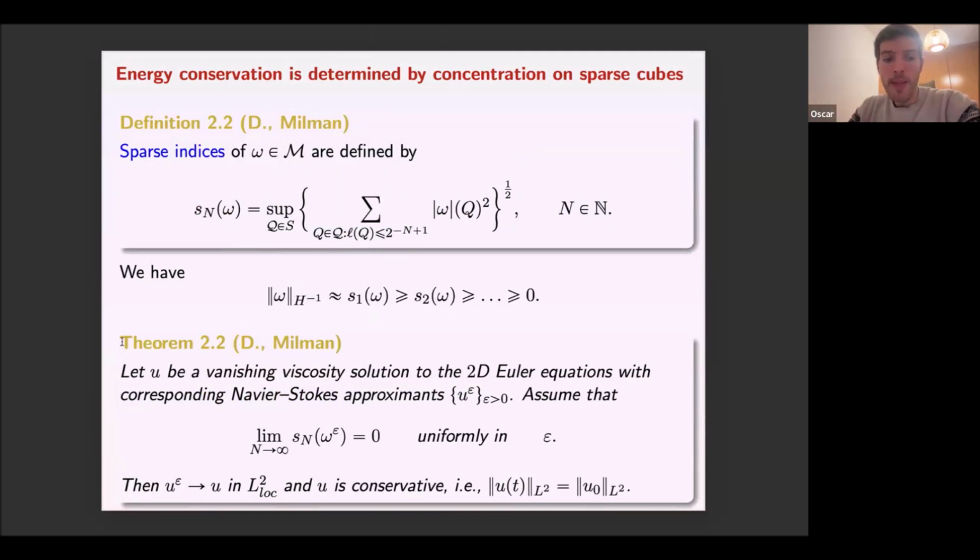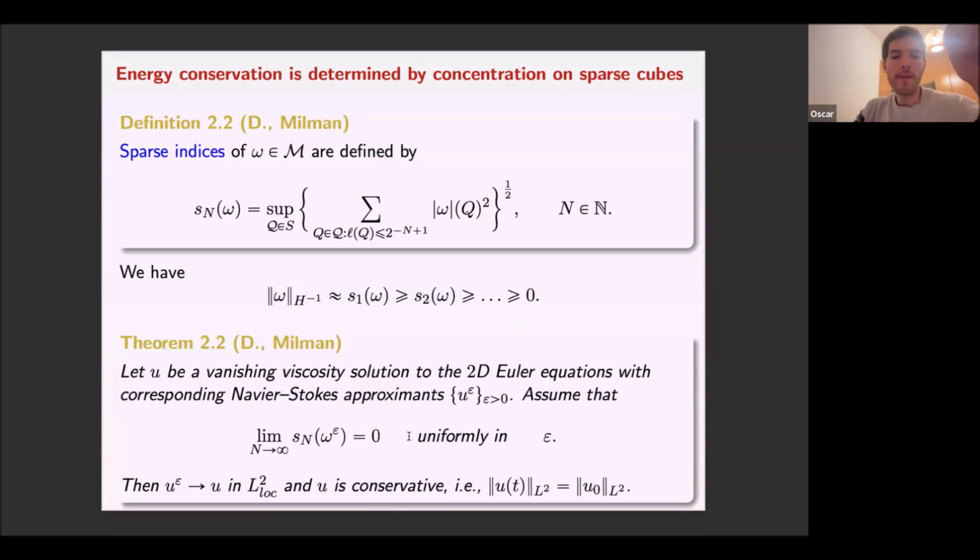And a fundamental observation is that the asymptotic behavior of this sequence as n goes to infinity, so how this sequence decays to 0, characterizes energy conservation. So here you can read the precise statement.